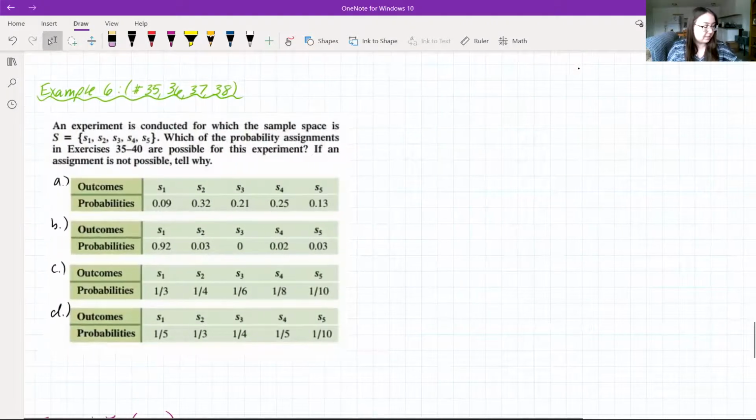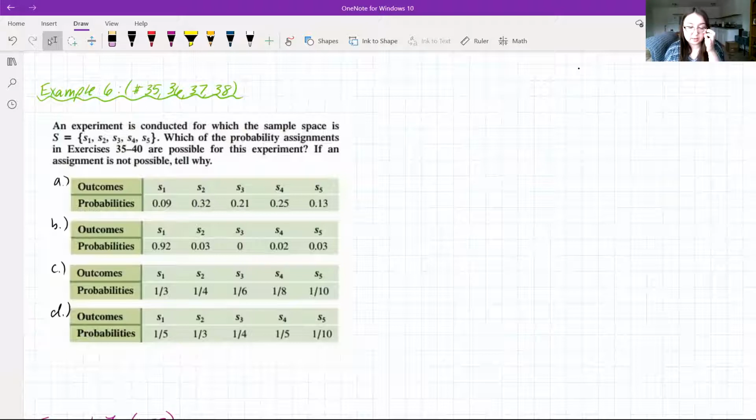Okay, for example 6 here, an experiment is conducted for which the sample space is S equal to the set of S1, S2, S3, S4, and S5. Which of the probability assignments in exercises 35 through 40 are possible? This originally was 35 through 40, but we're just going to do 35 through 38 in this case, so we're only working with 4 instead of the original 6.